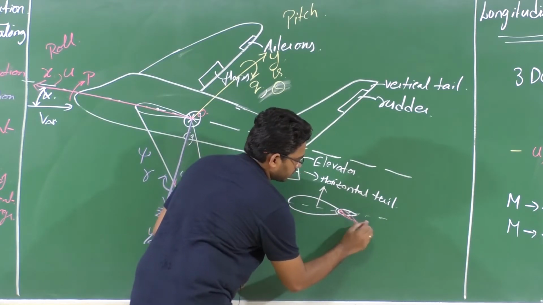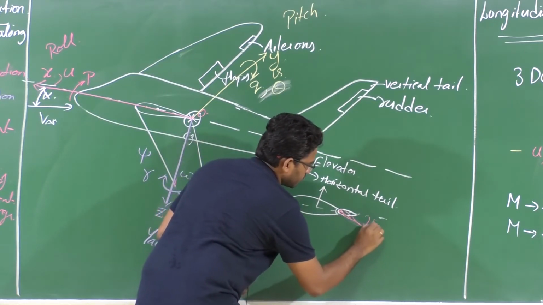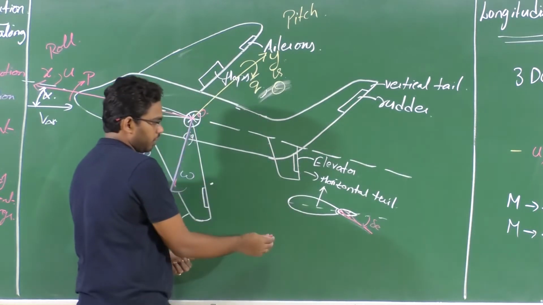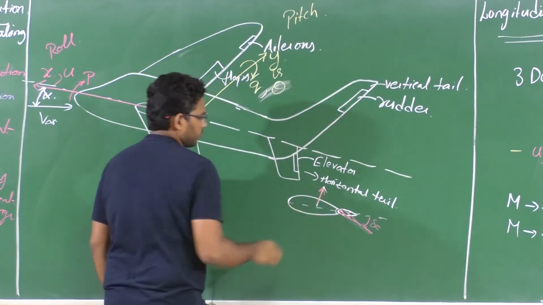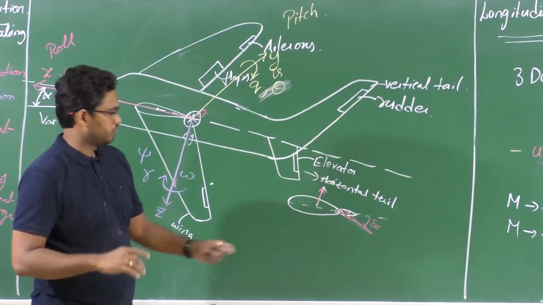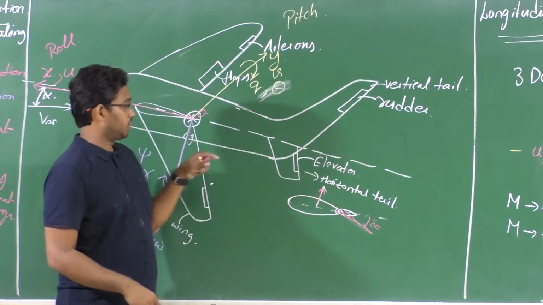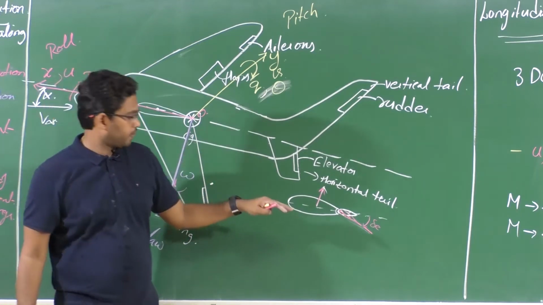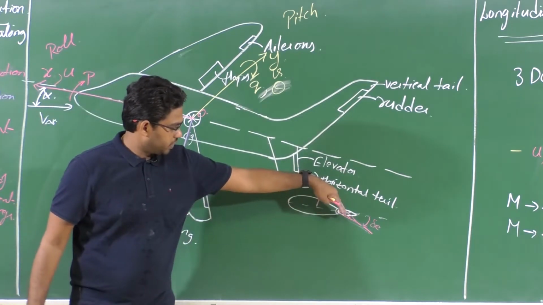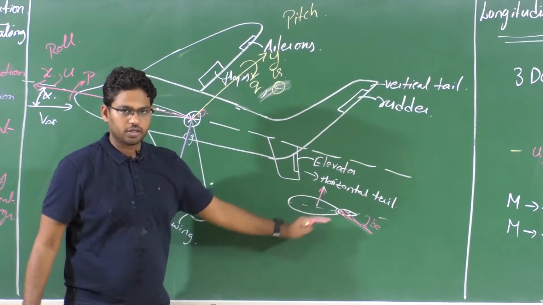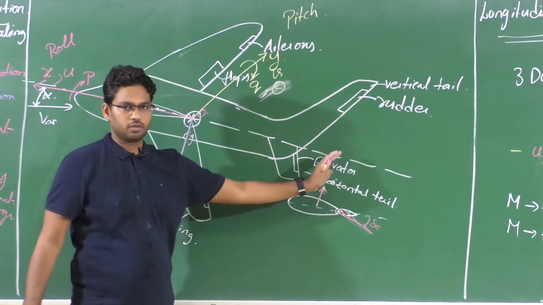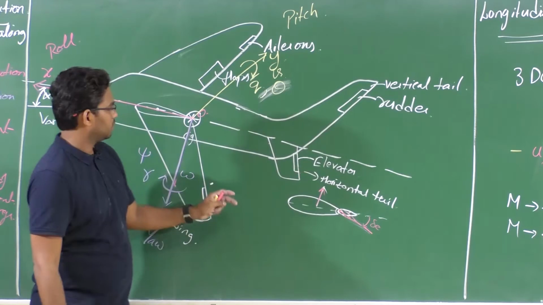This particular angle is known as delta E. When you deflect it down, there is some upward force, because of the change in camber. There will be increased lift, for the same angle of attack that we are seeing. Or you can say we are obstructing the flow, so that flow will give you a reaction as an upward force.